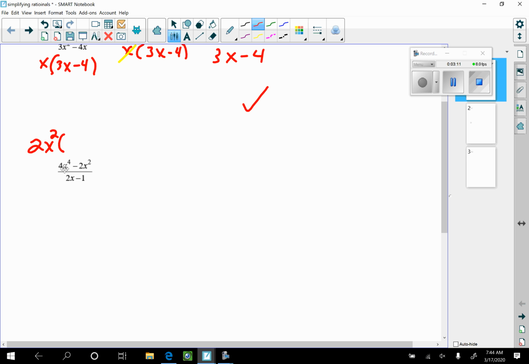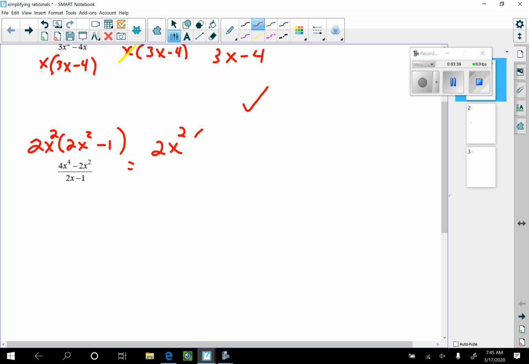So what do I factor out of 4x to the fourth to get 2x squared? It's going to be 2x squared. 2x squared times 2x squared. And 2x squared times 1. This one doesn't factor, so I would write it this way.